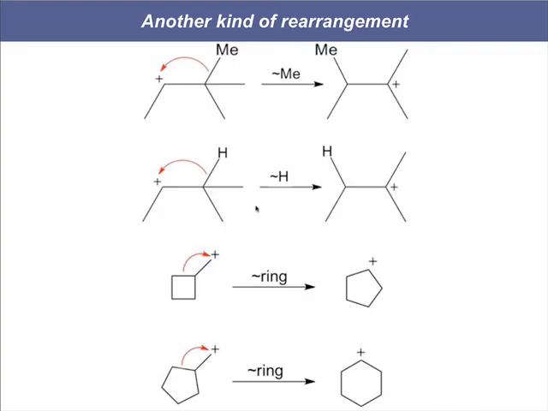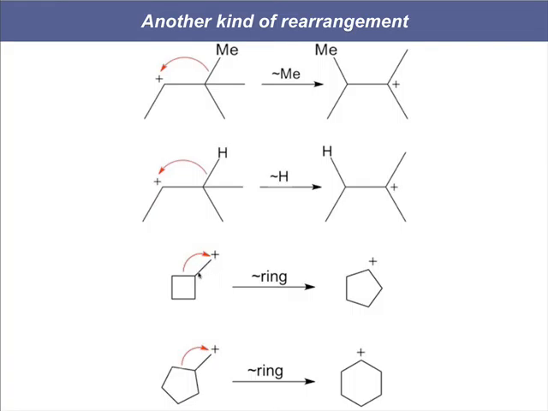The other type of rearrangement that is possible is something called a ring shift. That's a little bit more tricky to see, but you'll notice what's going on here if you pay attention. Essentially, the ring, this four-membered ring, is opening up. These electrons right here are letting go of the bond, and they are instead grabbing onto the carbon that had the carbocation.